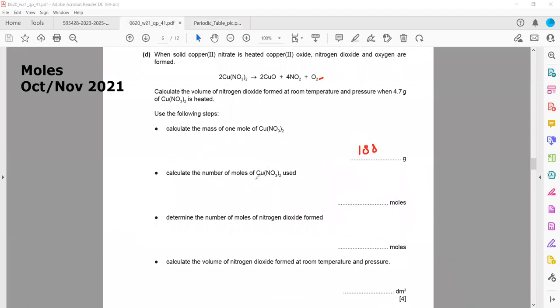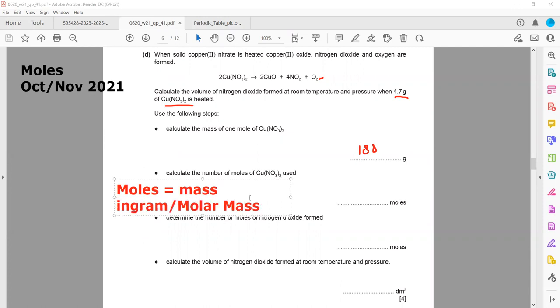Then calculate the number of moles of copper nitrate used. We have the mass of copper nitrate, which is 4.7. If I have the mass and I need the moles, which formula will I use? Moles equal mass in gram divided by the molar mass.